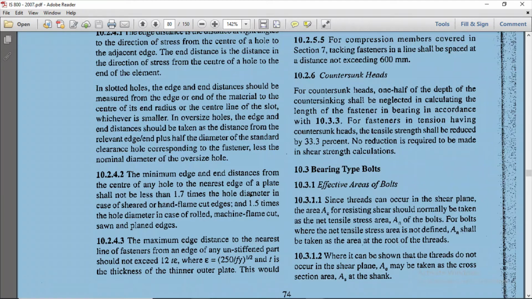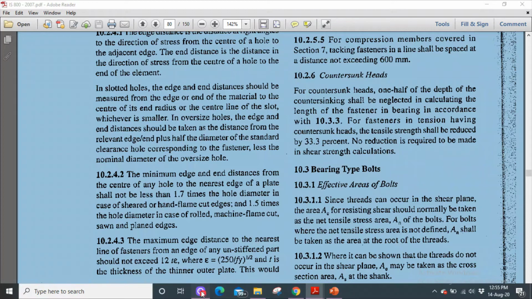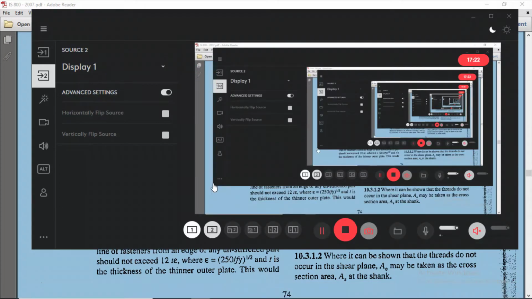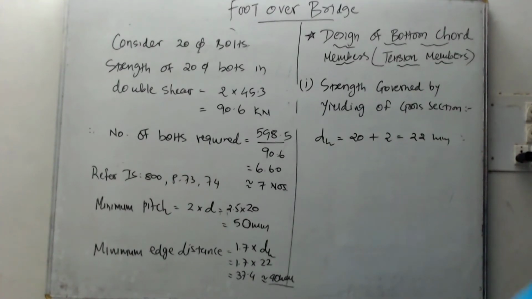So we consider 1.7 multiplied by hole diameter 22. So we got our answer as 37.4. We considered it as 40 mm, right? So this is how we did the design using IS 800 2007. Let's go back to the board and continue with other solutions.